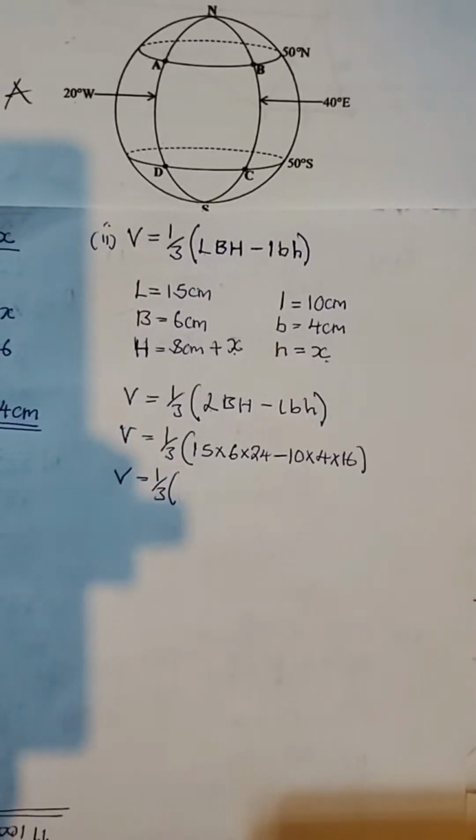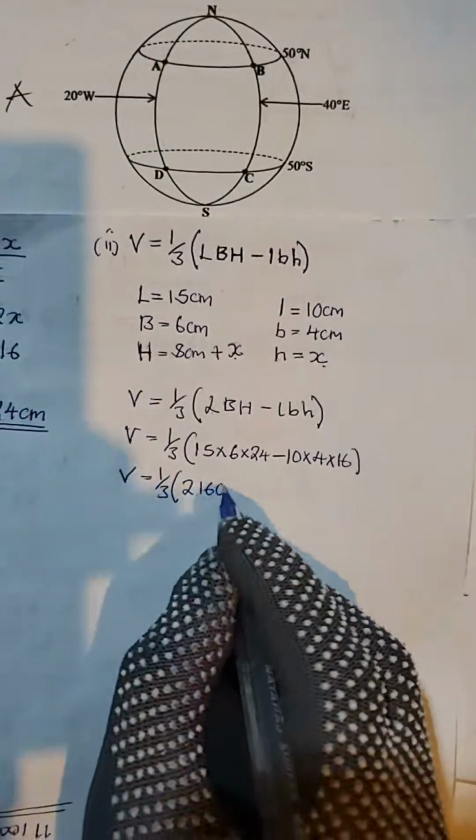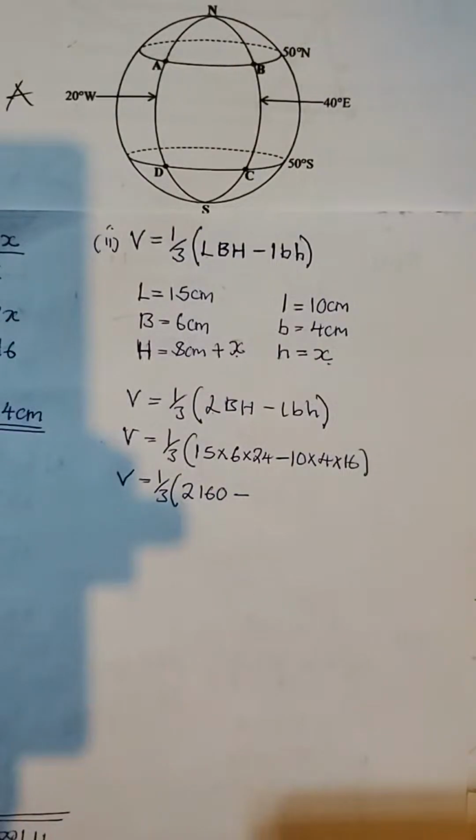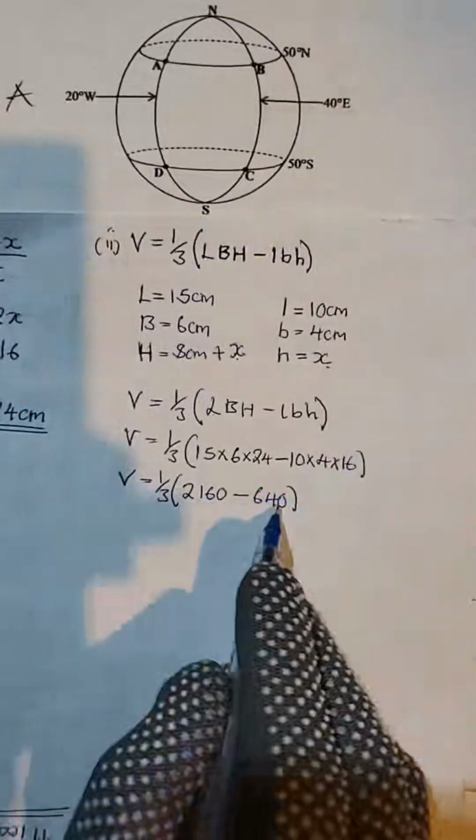Okay, so let's solve 15 times 6 times 24. This is giving me 2,160 minus, just confirm with your calculators, 10 multiplied by 4 multiplied by 16. This is giving me 640. Then subtract in the bracket.